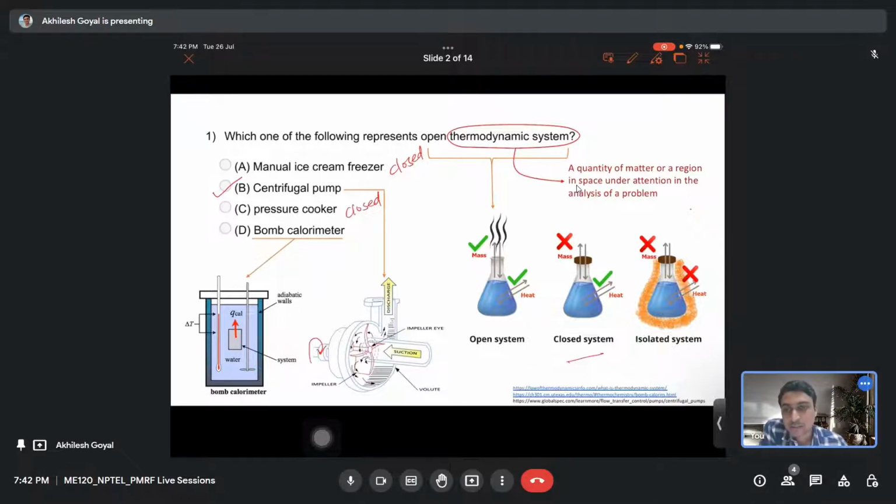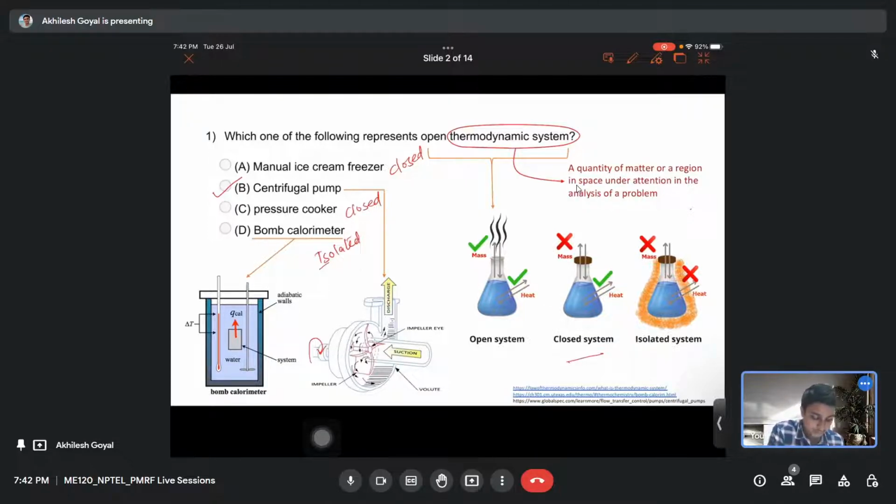Here you can see the walls are adiabatic walls, so heat transfer is not possible there, and mass transfer is not there either. So neither mass nor heat is being transferred into the system. So this bomb calorimeter is an example of an isolated system.